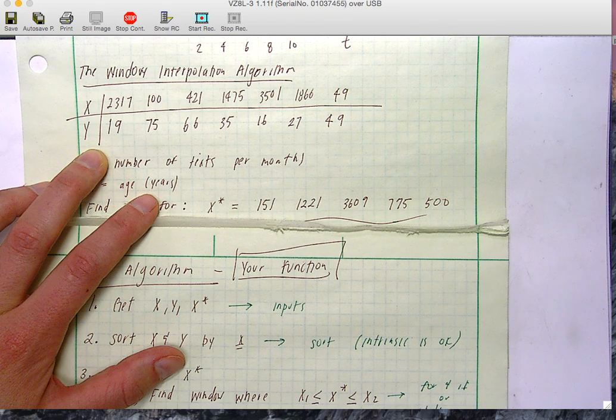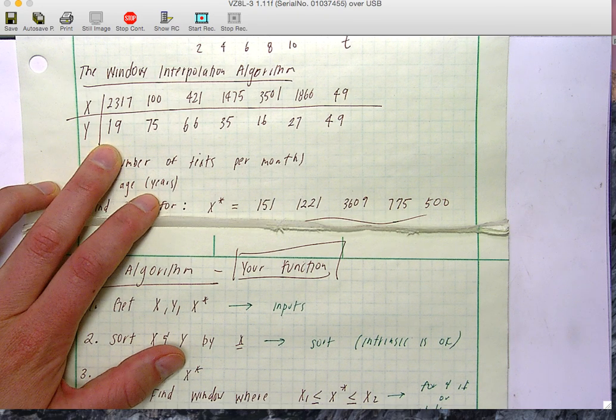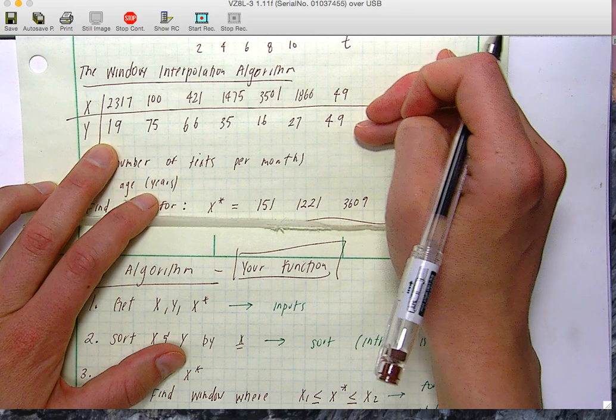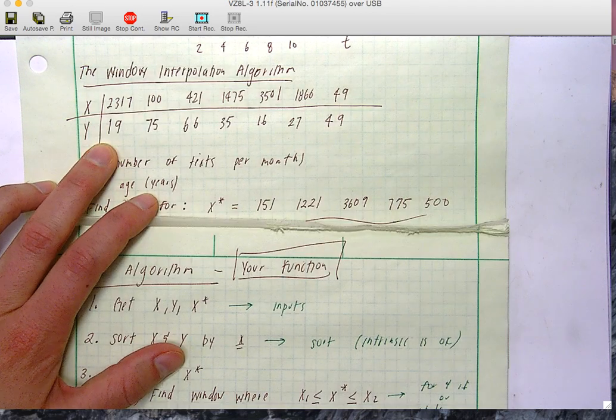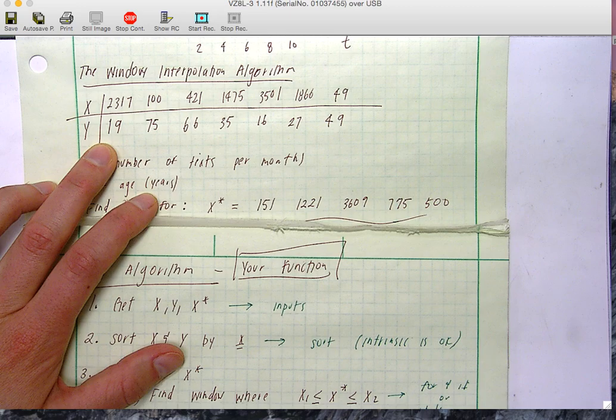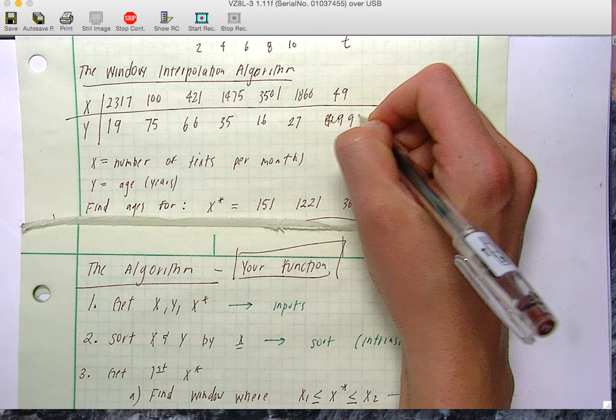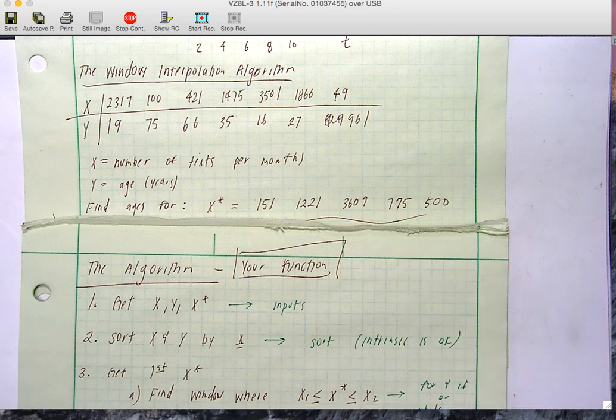So we want to sort by x, so the smallest x, so it's confusing because this feels like an x, but this is the y. So the smallest x is 49, right? Oh, I think I wrote that data wrong. This should be 61. And then 961.